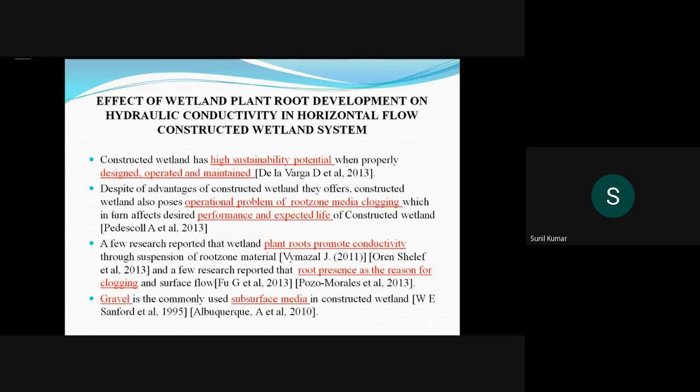Other reports say that the root zone will expand the media, thereby the hydraulic conductivity will increase. But in our case, what we studied over 6 months, we found that there is a gradual decrease in the hydraulic conductivity over a period of time.